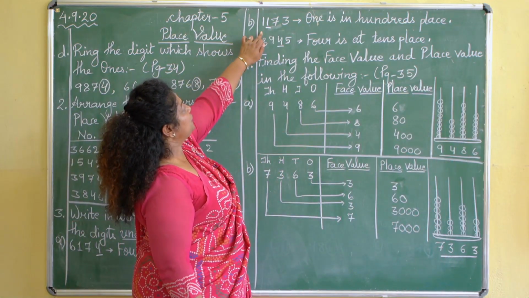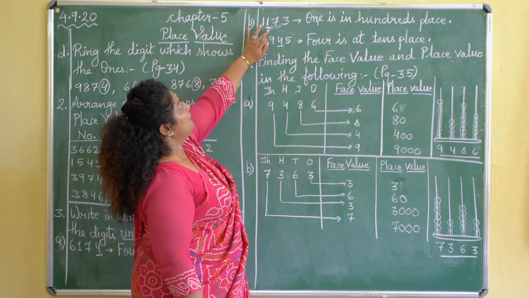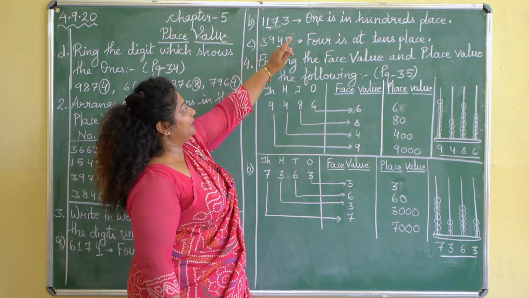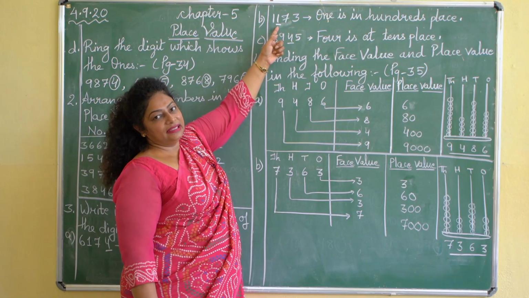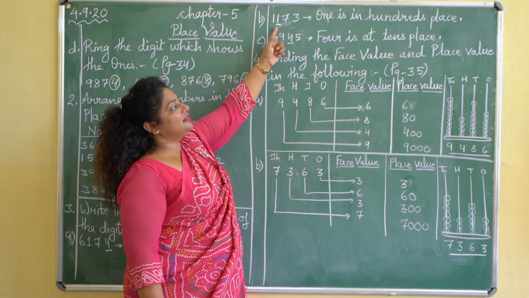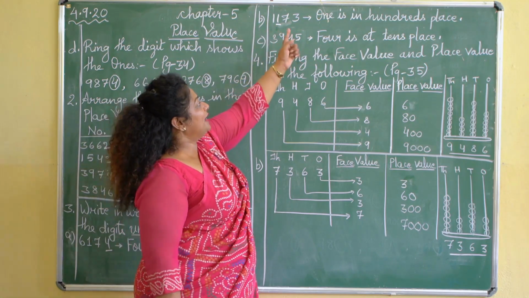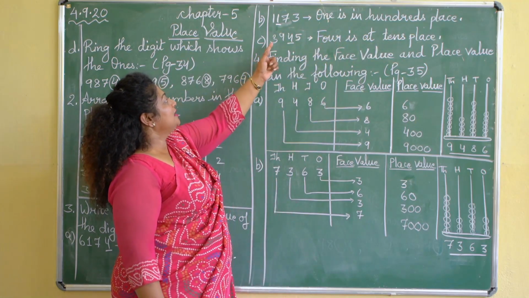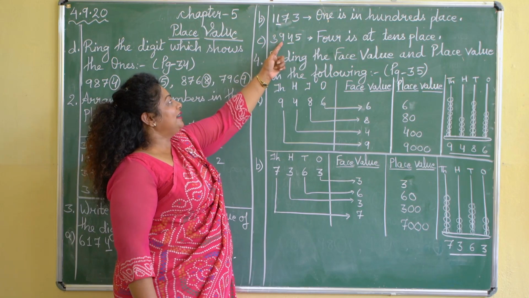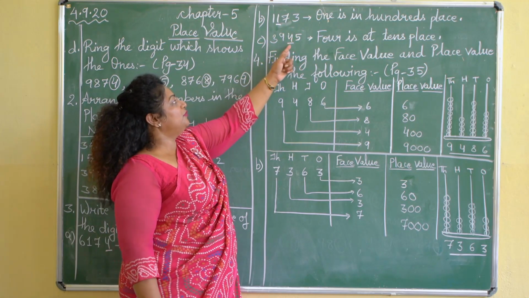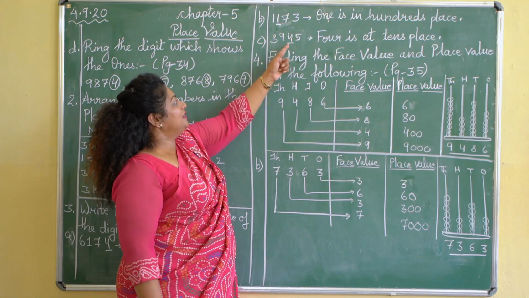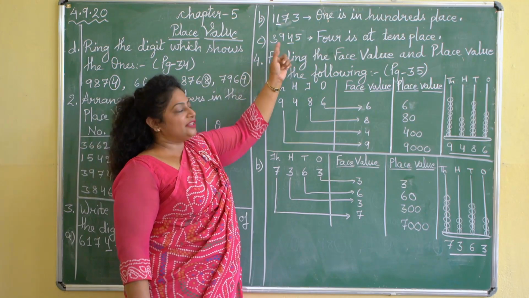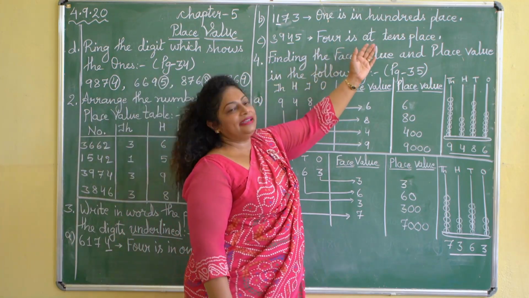Next number given to you is 1173. Here the number 1 is underlined. This 1 is given at hundreds place. So we will write 1 is in hundreds place. Next number is 3945. Here the number 4 is underlined and this number is at tens place. So we will write 4 is at tens place.